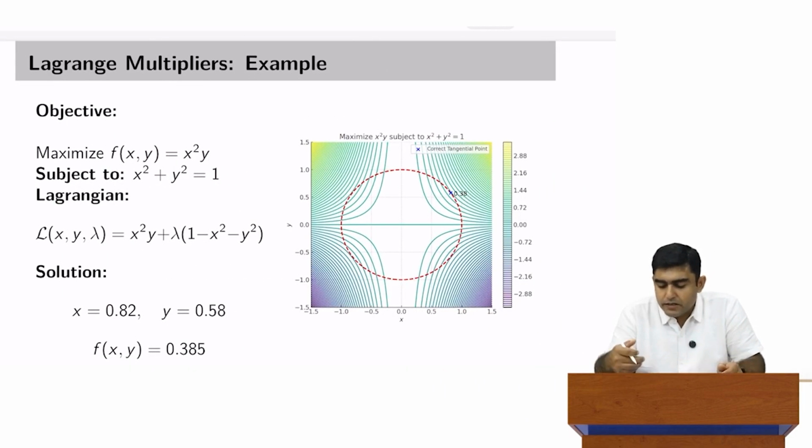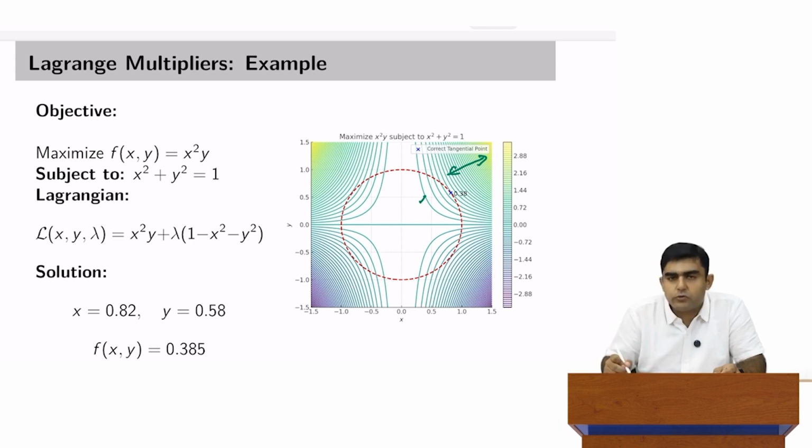So, I wrote a small Python code for you to create a nice illustration of what I essentially mean about this point of tangency. I generated hundreds of contour lines of x square y. You can see that some of them are passing through inside the circle, some of them are outside the circle, and so on.